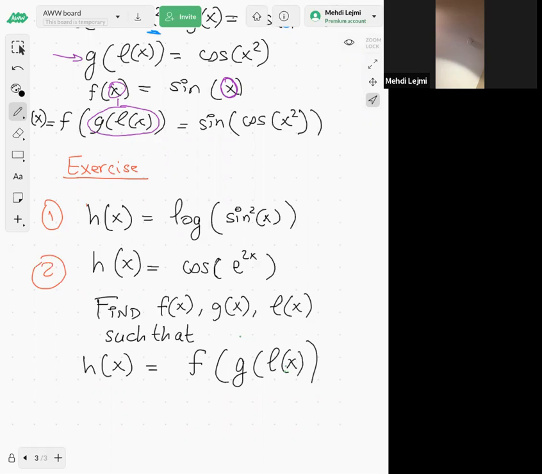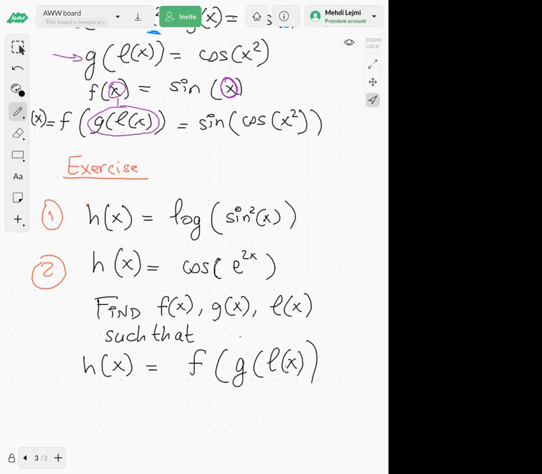What about number two? Any idea for number two?